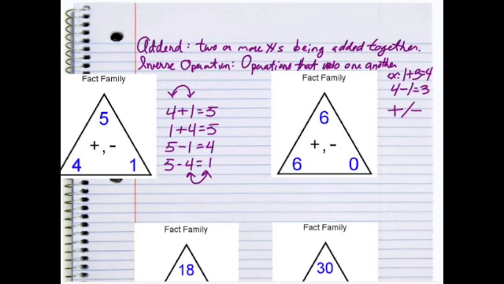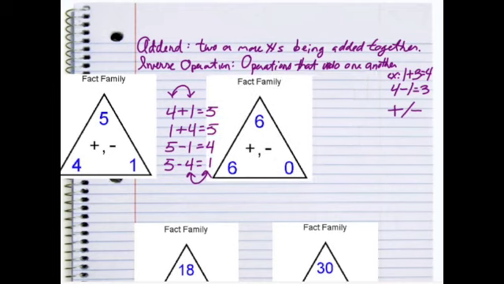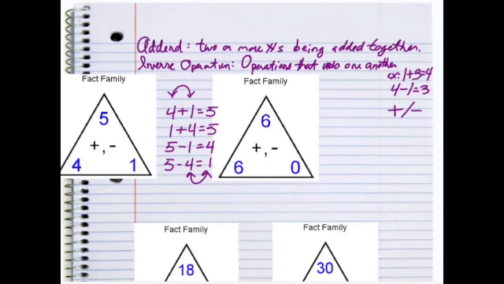The next fact family that I have has 2 6s and a 0, and it wants me to use addition and subtraction to create the fact family. So the first one I'm going to do is 6 plus 0 equals 6. Then I will say 0 plus 6 equals 6. Again, flip: 6 minus 0 equals 6.